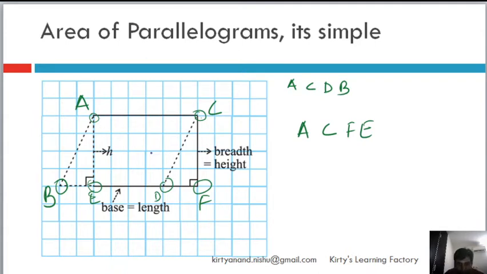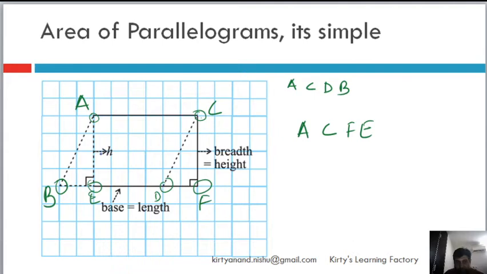So, can we consider that this parallelogram basically is nothing but this. I draw a perpendicular from point A to the line BD.